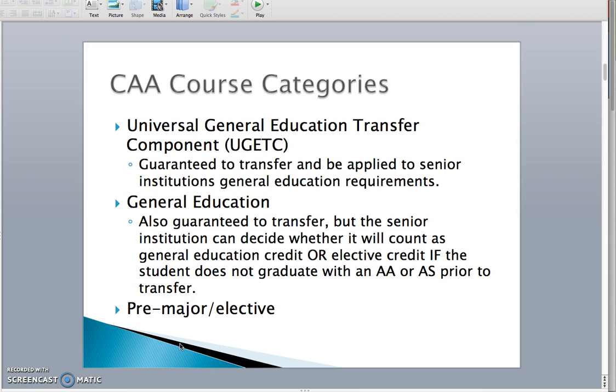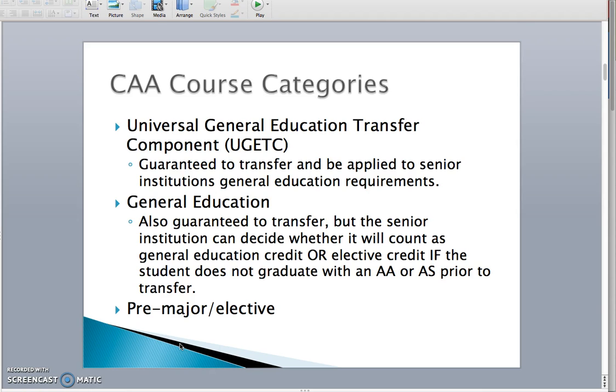So if you look in your book, you can see some examples, so for instance, English 111 is a UGTC course. It is guaranteed to transfer as a general education course to the senior institution. Then there is a course like African American Literature, which is pre-major or elective. It will transfer, but the institution is not guaranteeing general education credit.